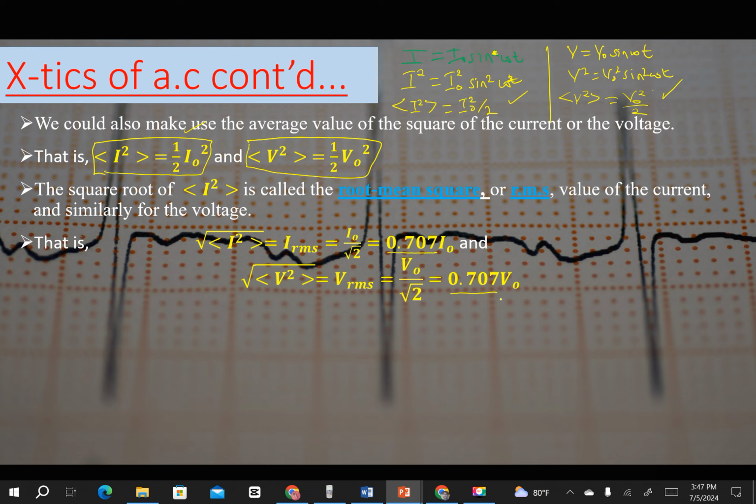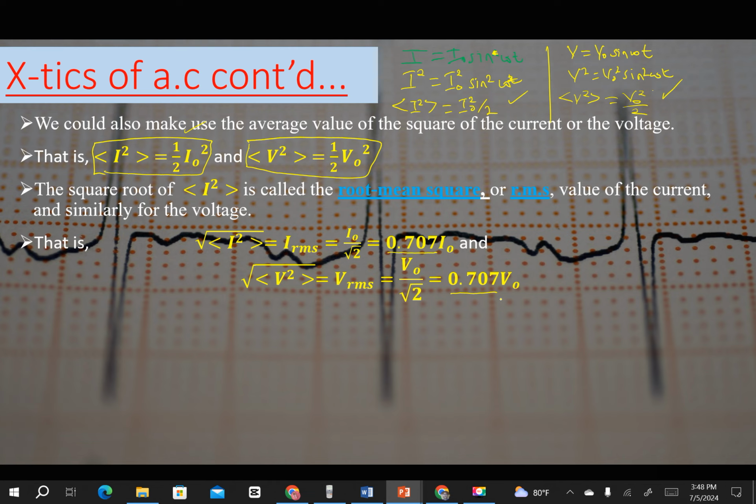So we notice that when we find the square roots, we don't get 0. When we find the averages of the squares, we don't get 0. It means that the square roots of these values are the most important values when alternating current is flowing through the wires.